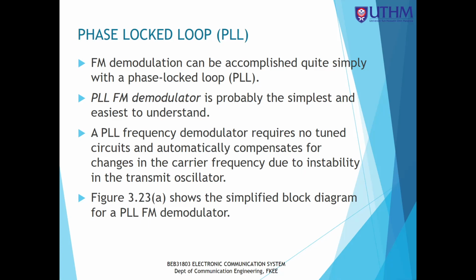PLL is the most popular demodulator circuit available in the real world. We are still using PLL nowadays. There are many kinds of PLL. PLL is the most popular demodulator circuit for the FM radio.